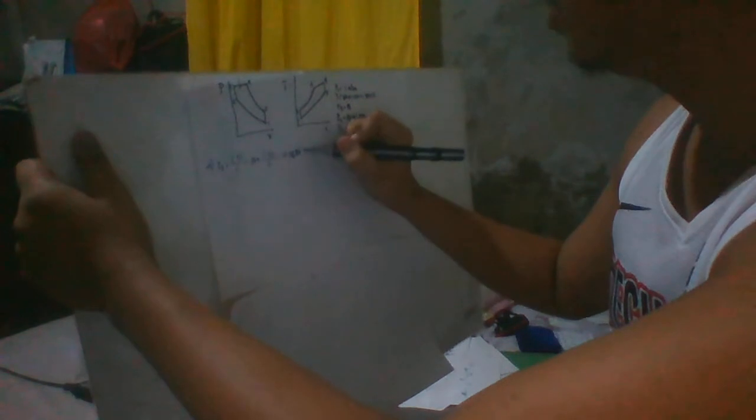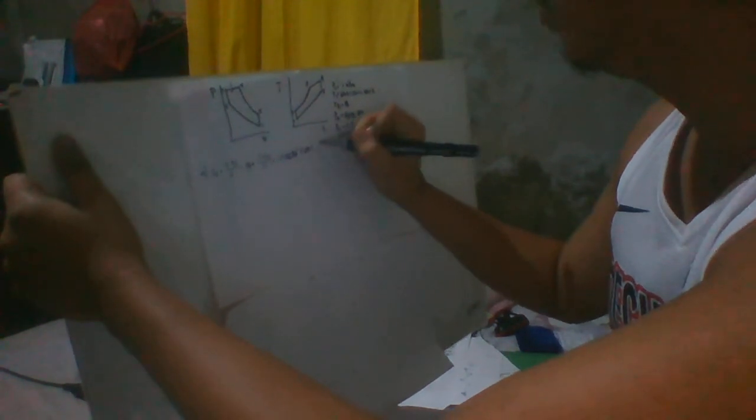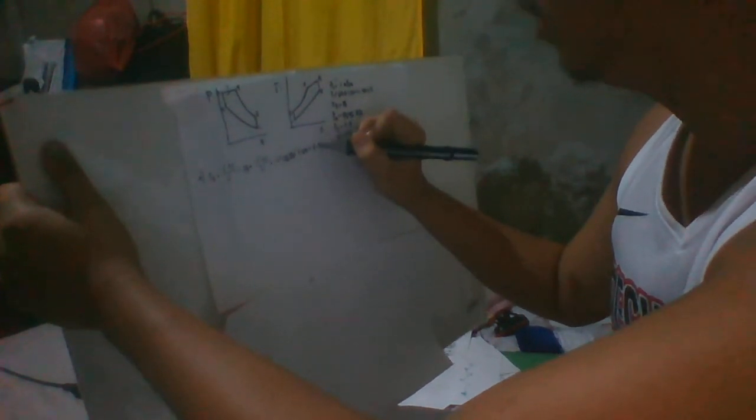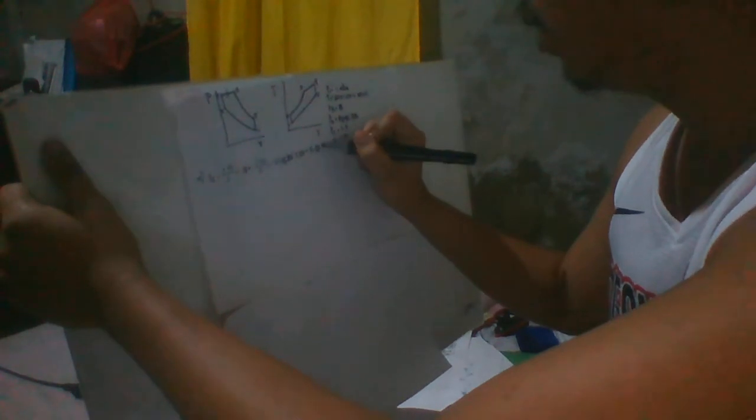Times 100%, it is equal to 5.88%. So, we already know the percentage clearance.